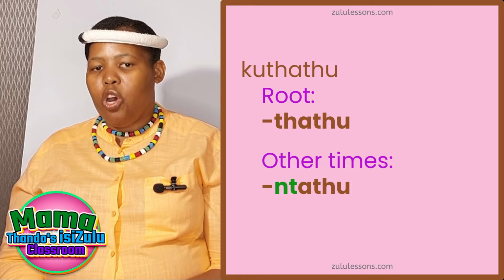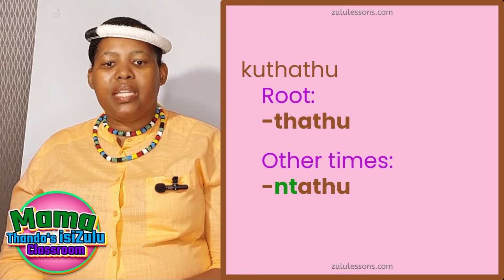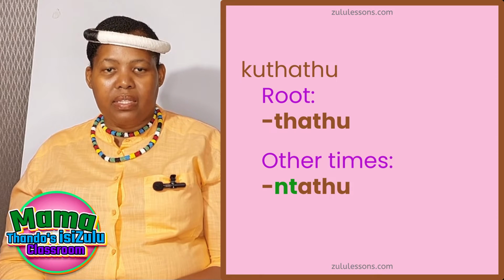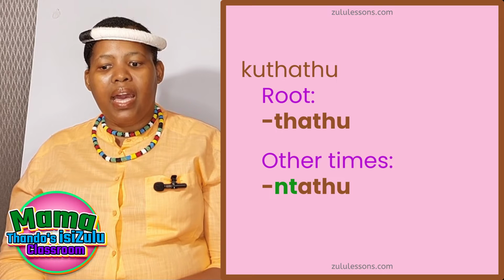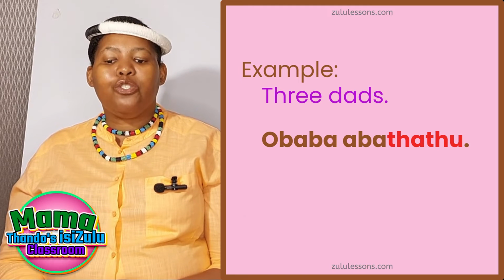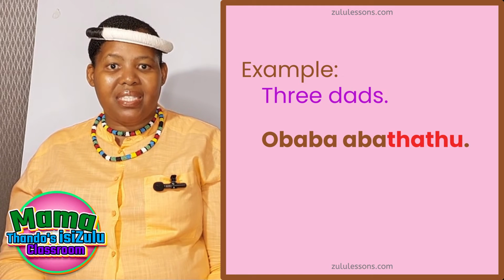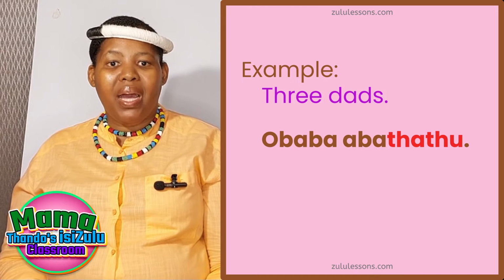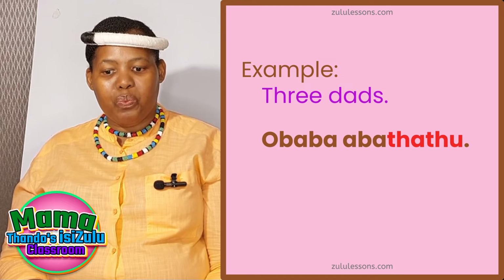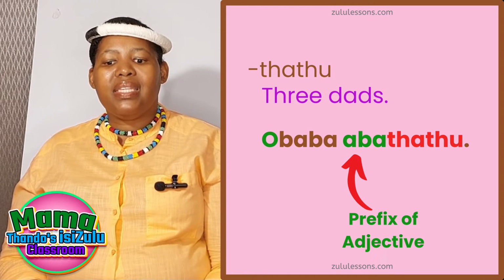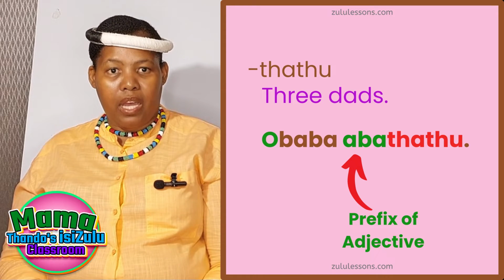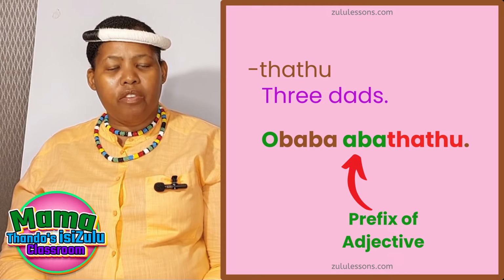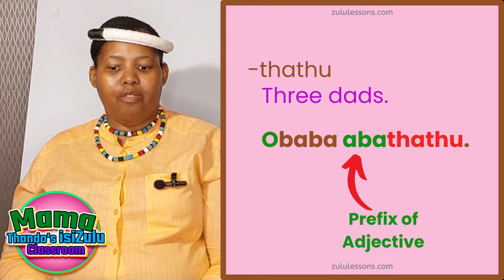For some words, you will see the number 3 like this, ntathu, instead of thathu. And so, 3 dads is obaba abathathu. The letters aba before the number 3, thathu, is the prefix for the adjective.